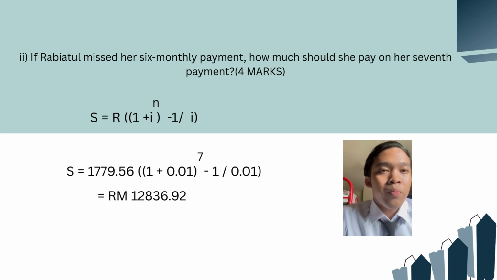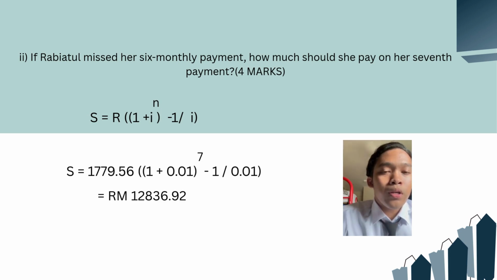Since the 6 payments were missed, we use the accumulated value of annuity formula, that is S equals R times ((1 + i)^n minus 1) per i. Substitute the values, that is S equals 1,779.56 times (1.01^7 minus 1) per 0.01.